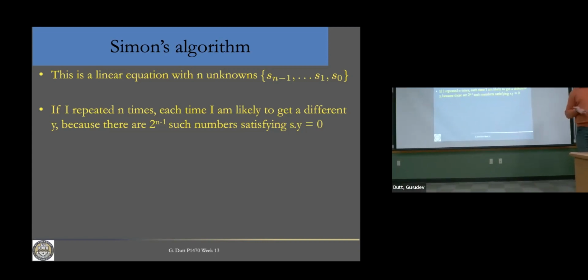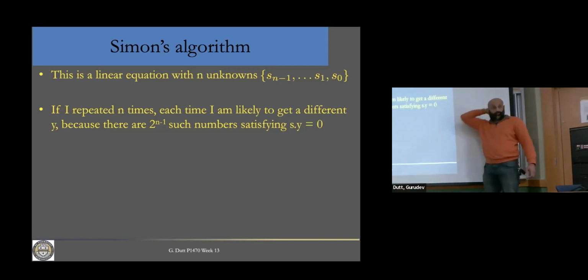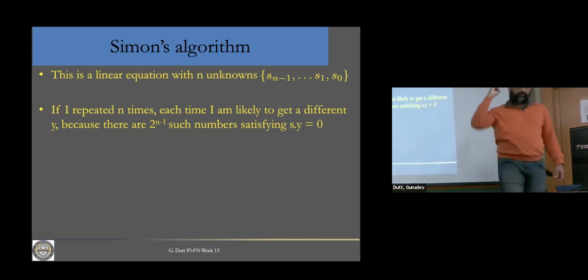So the probability that I get back the same y each time is very unlikely. Another way to say it is, if I have 2 to the power n strings y, there are only 2 to the power n minus 1 such numbers satisfying s dot y equal to 0.